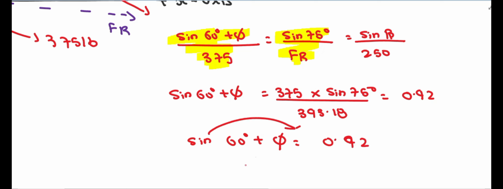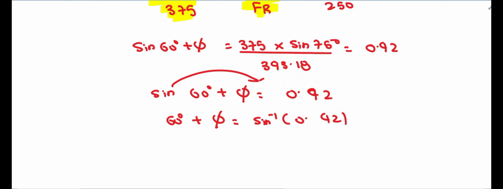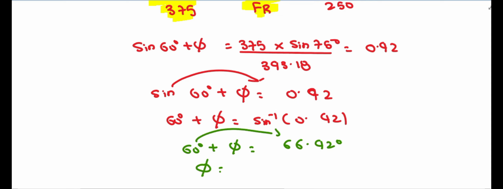Shift sine to the other side, so 60 degrees plus phi equals sine inverse 0.92, which is 66.92 degrees. So 60 degrees plus phi equals 66.92 degrees. Shift 60 degrees to the other side, so phi equals 66.92 degrees minus 60 degrees, which is 6.92 degrees.